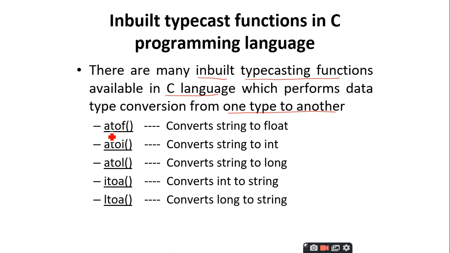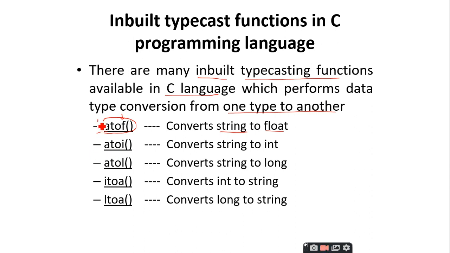The first one is A to F. You can call it as the atof function, or call it as A to F. A stands for string and F stands for float. So, you are going to convert the string to float.